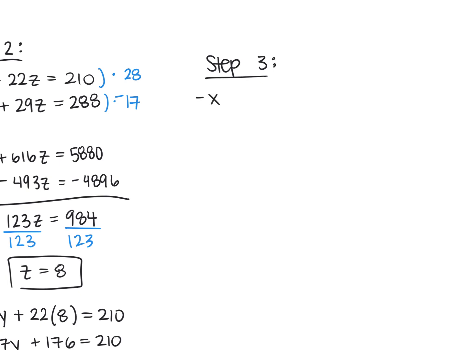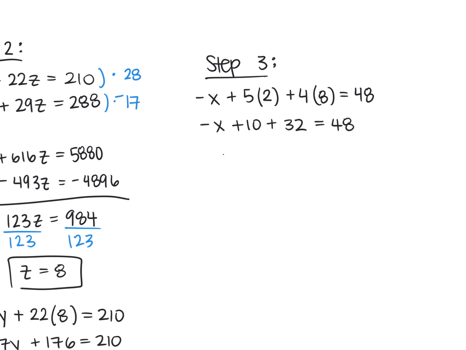So negative x plus 5 times 2 plus 4 times 8 equals 48. So negative x plus 10 plus 32 equals 48. Combining like terms, we get negative x plus 42 equals 48.